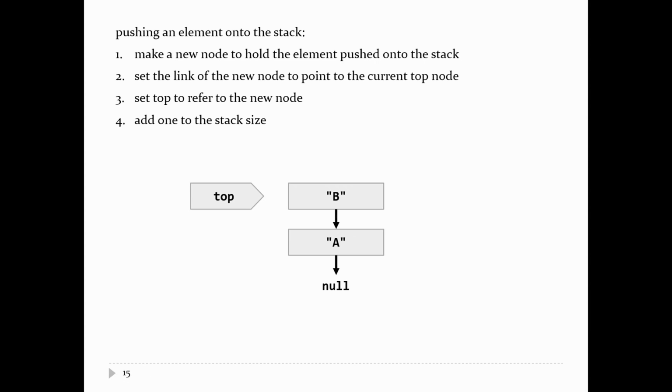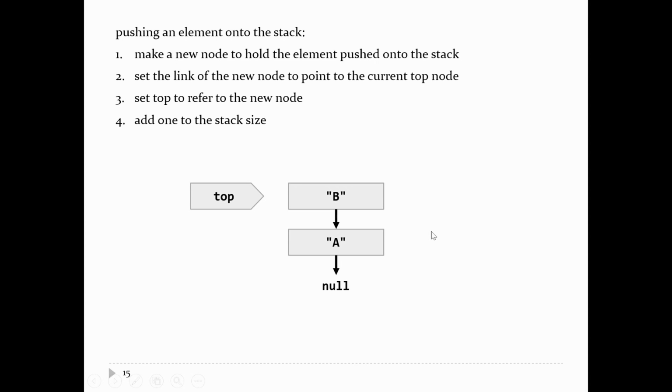And then finally, I have to add 1 to the size of the stack. Step 4 is needed because all I have are nodes in the stack. If I want to know the size of the stack, I have to keep track of that myself. That's not precisely true, but conceptually that's what I need to do.